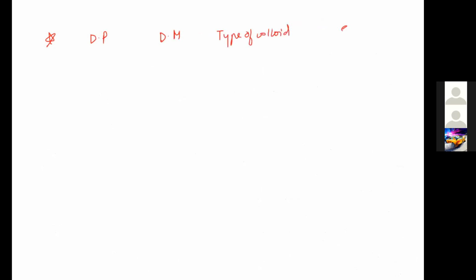So the classification, quickly let me do. See, this is very important. The table you might have learned in your earlier class, but this is important. When you have a dispersed phase and dispersed medium, what is the type of colloid and example?